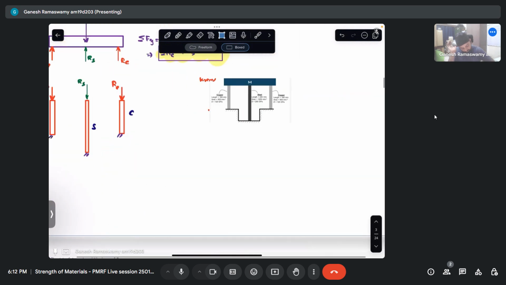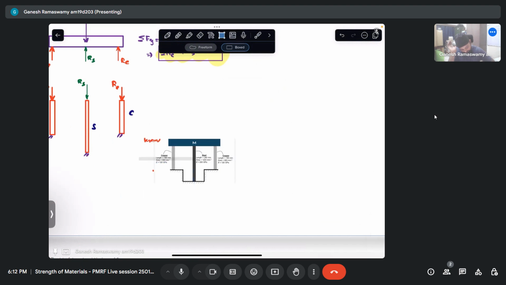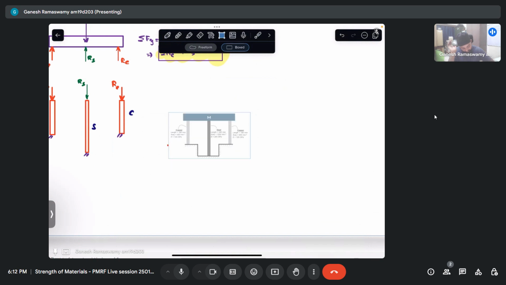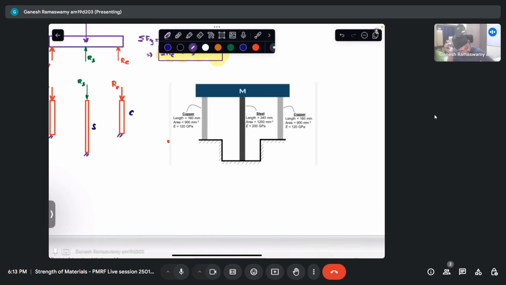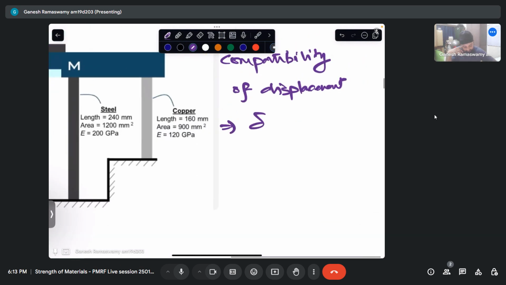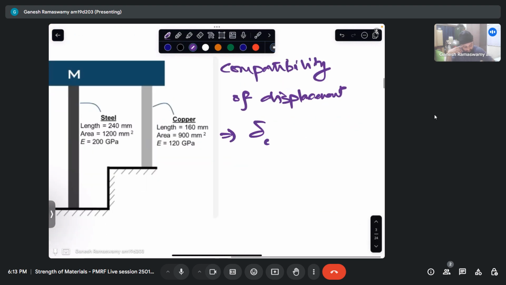So for this question, the compatibility of displacements gives us that delta, that is change in length in the copper rod, will be same as change in length in the steel rod.